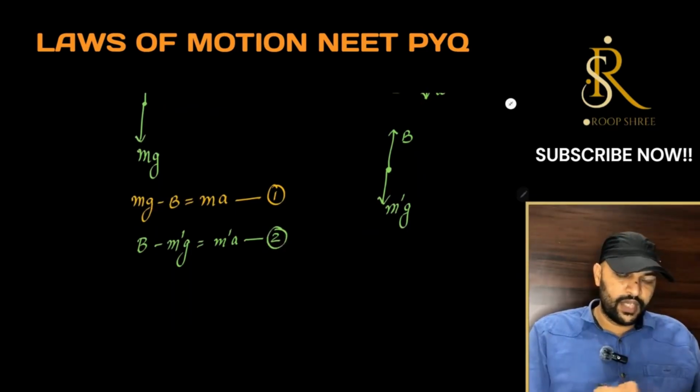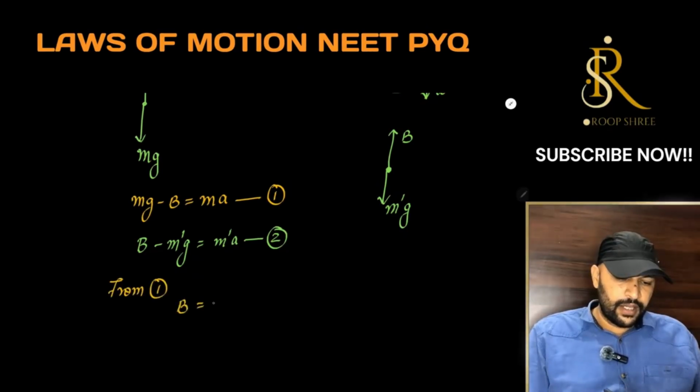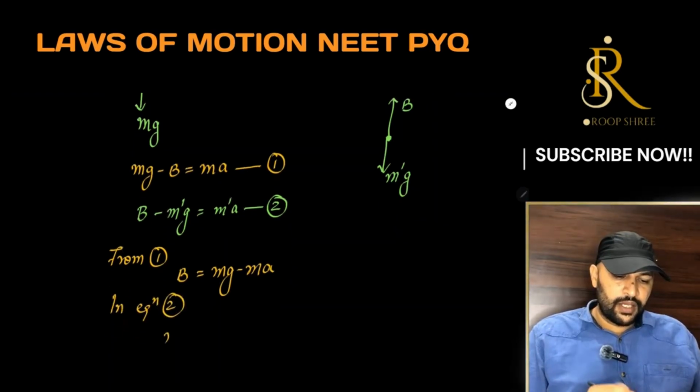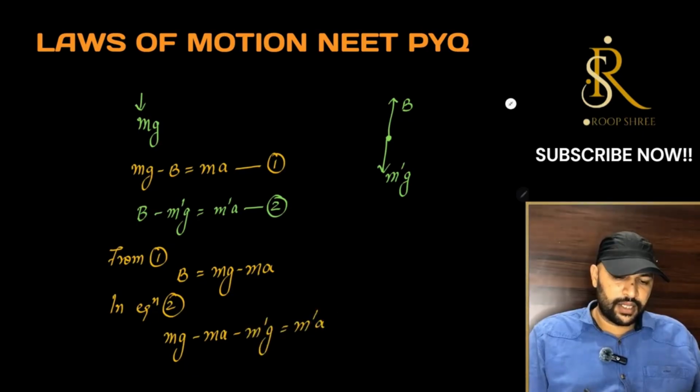What is our equation 1? mg minus B equals ma. So from equation 1, B will be equal to mg minus ma. Let's substitute this in equation 2 in place of B. It will be mg minus ma minus m dash g equals m dash a.